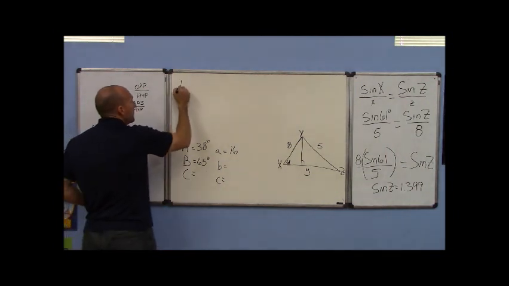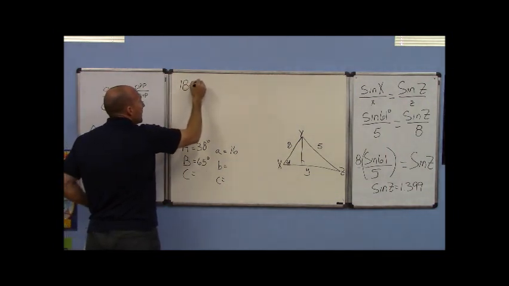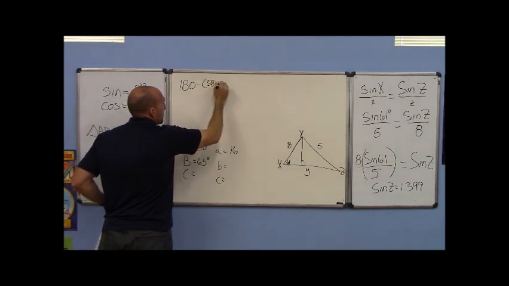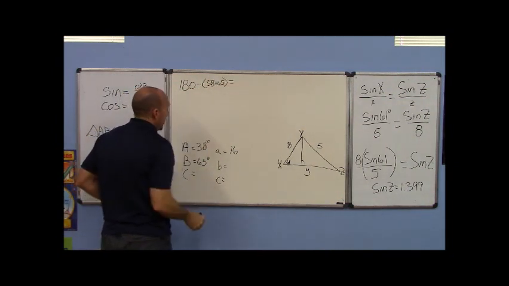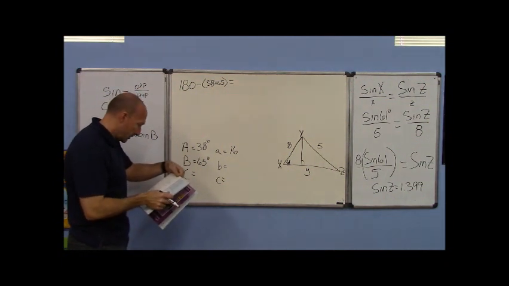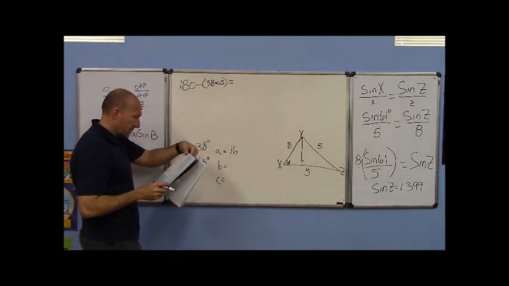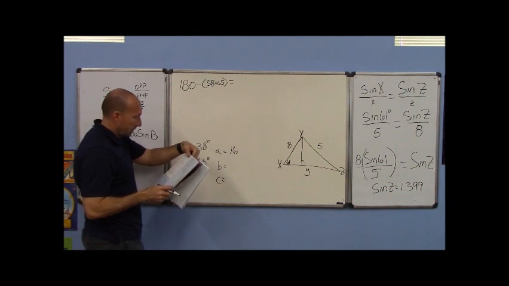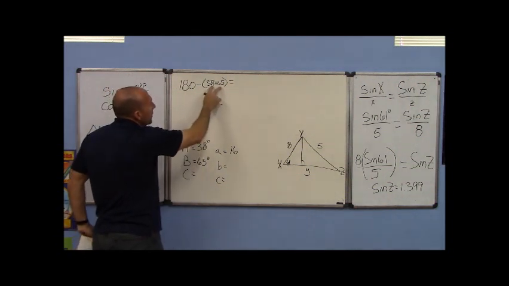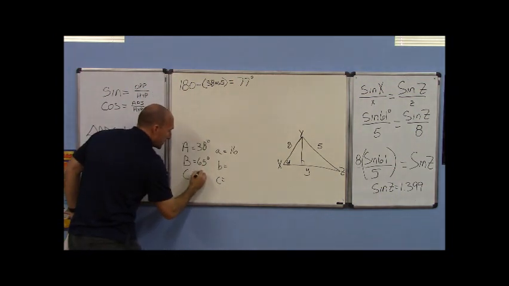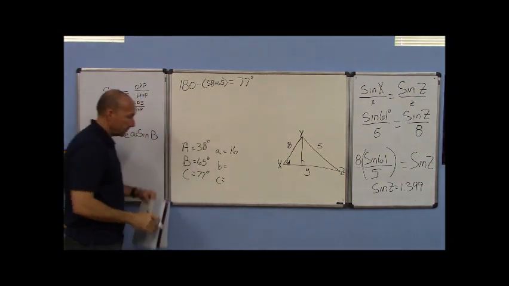So we have 180 minus, was it 38 plus 65? Those two added together, 103. So we know this one's 77 degrees.